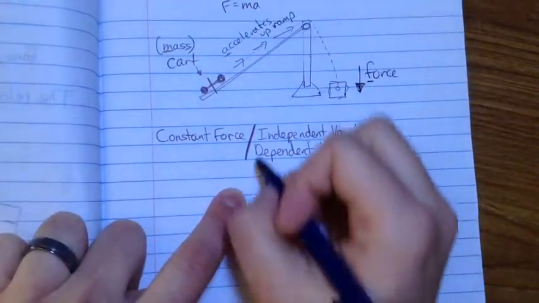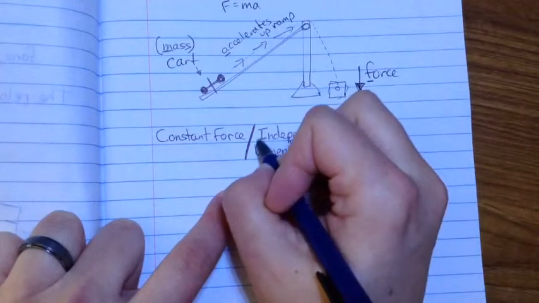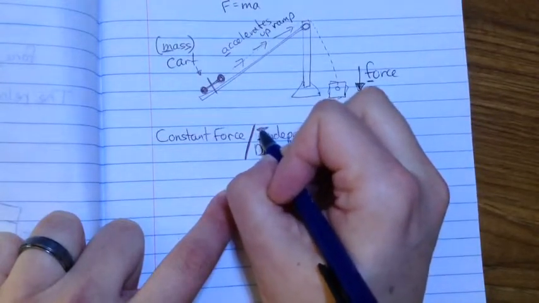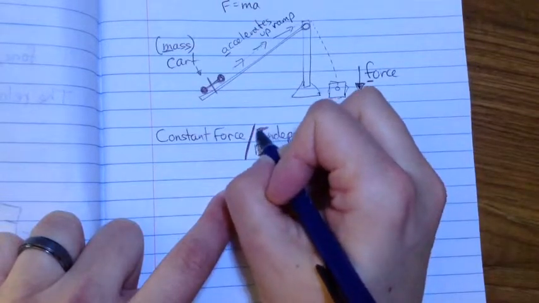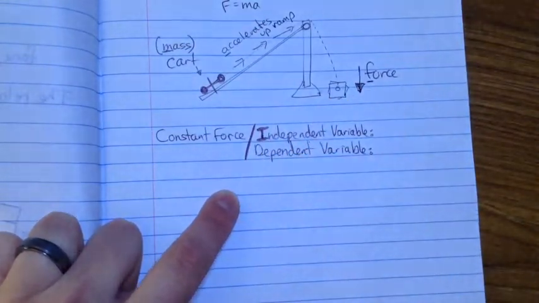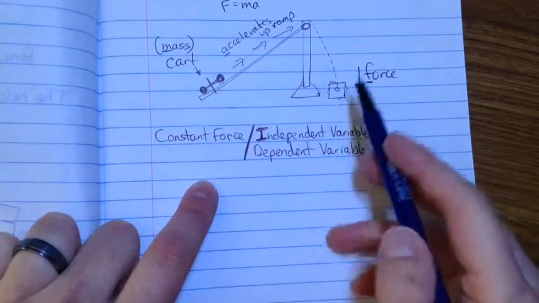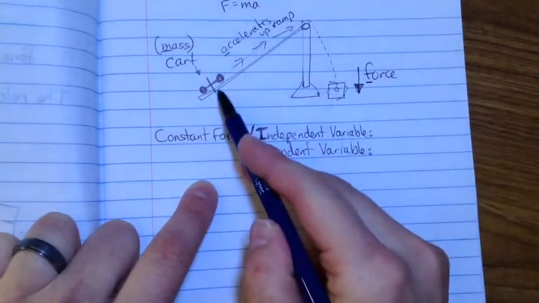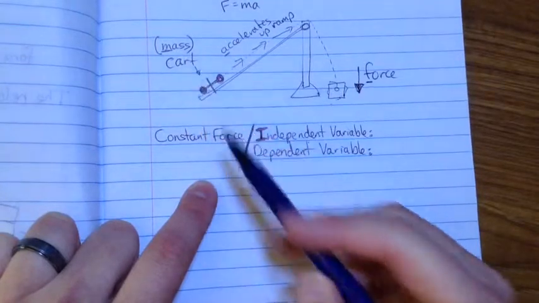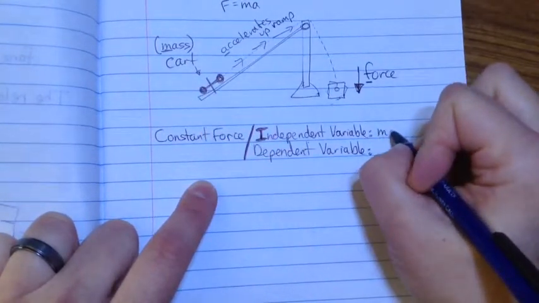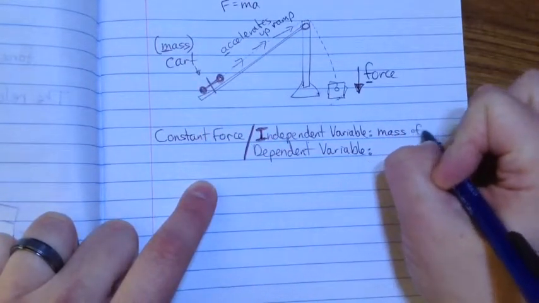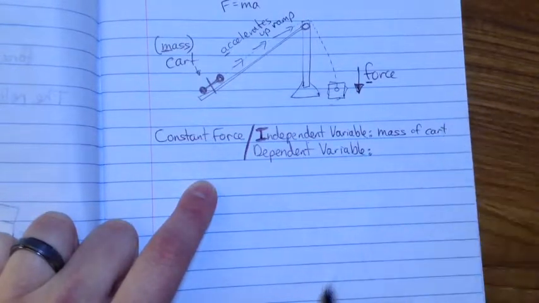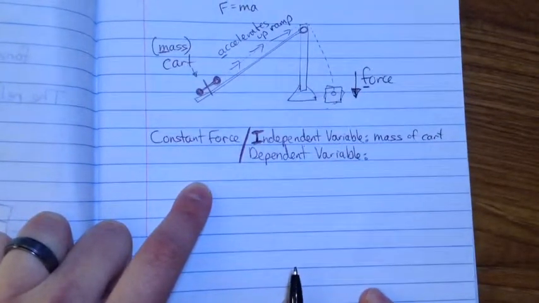The independent variable is something that I can control, that I can adjust, that I can change, that I can manipulate. If this force is going to remain constant, I can change or adjust the mass on the cart. So the mass of the cart is going to be my independent variable.